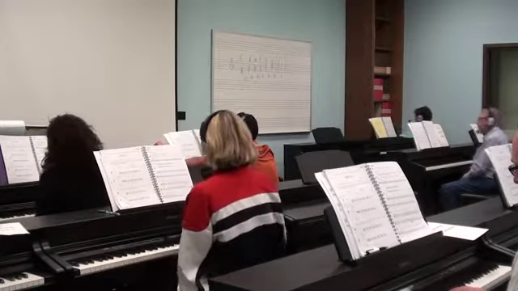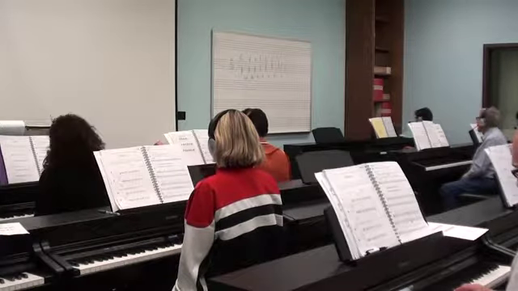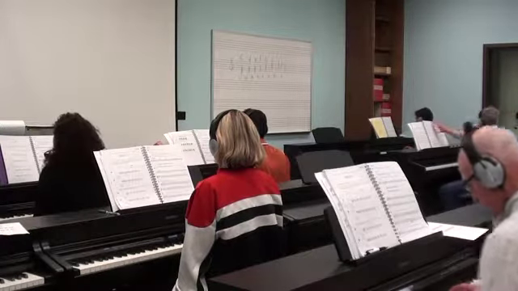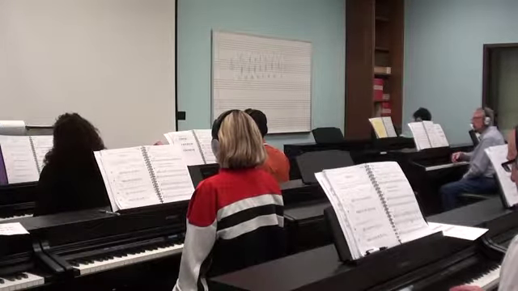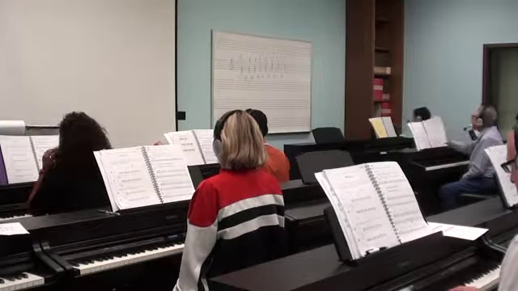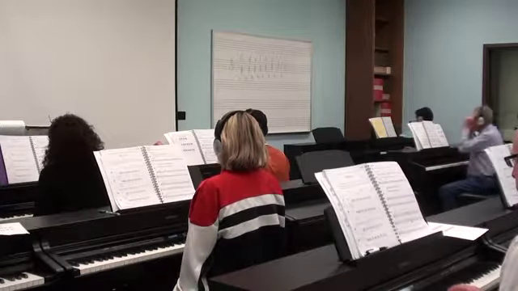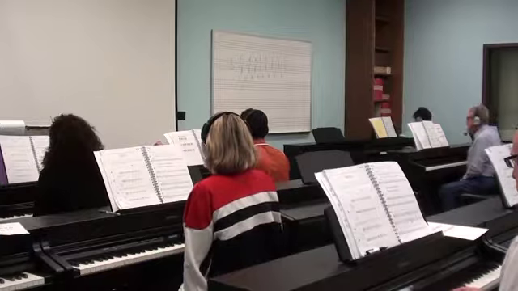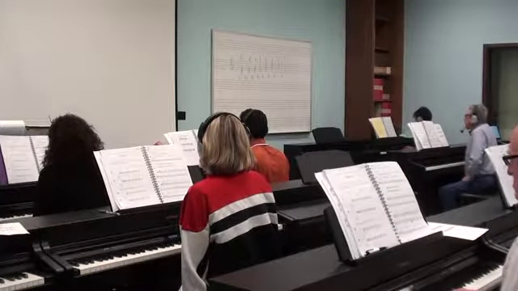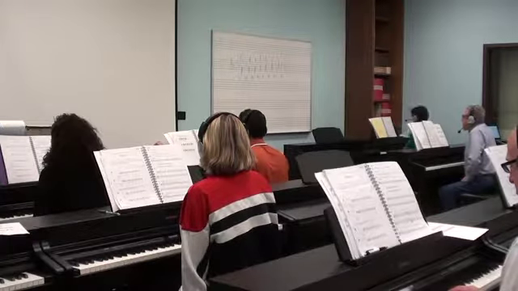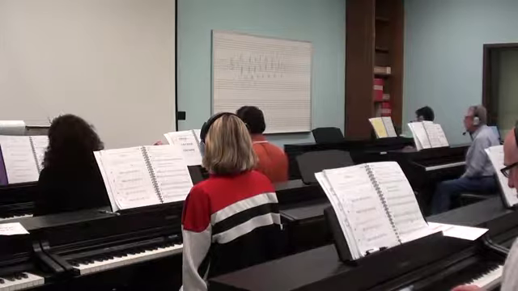So everyone find this D. What's the lowest note that you're reading in this melody? G. Your lowest note is a G, and your highest note is a D. So you're in a G major pentascale. Let's try out this melody. 1, 2, 3, 1, 2, 3.